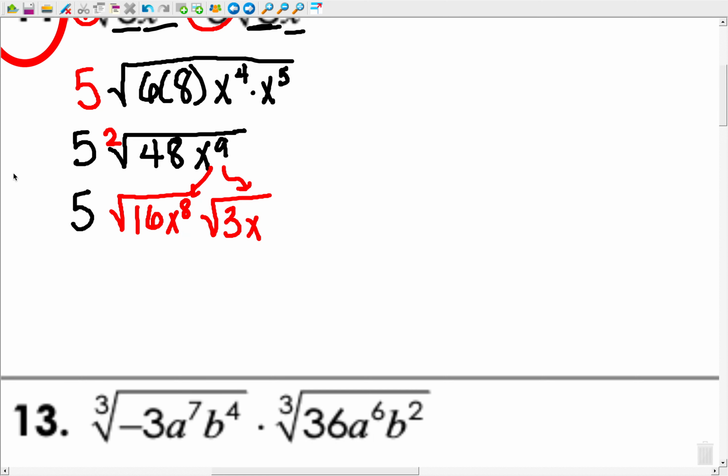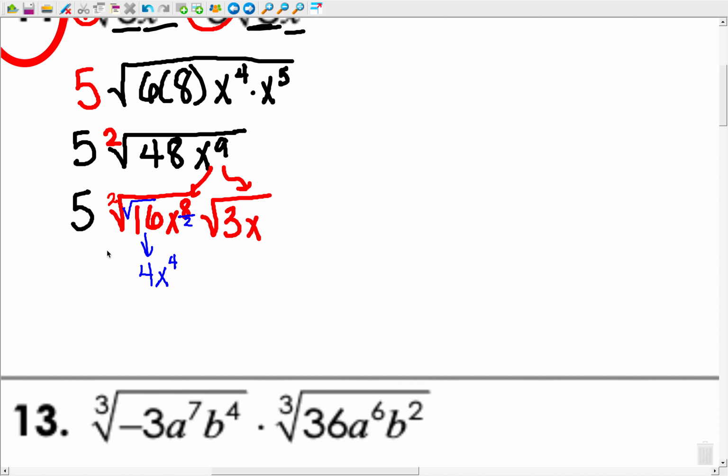Now from this step, I have my invisible 2 that will come and divide this 8. But y'all, you're still just going to take the square root of 16, okay? The square root of 16 is 4. This will become x to the 4th power.